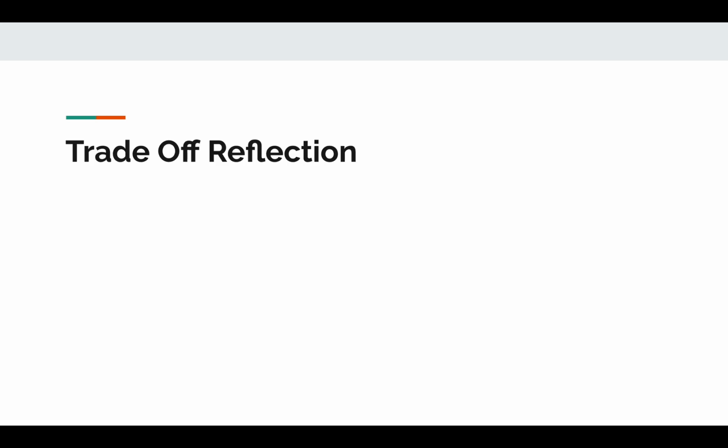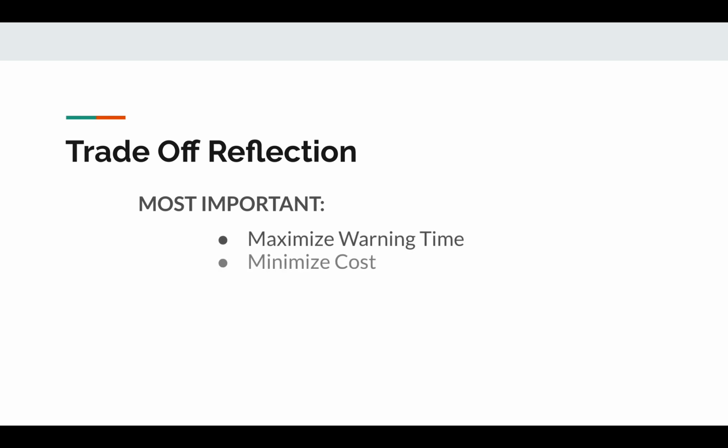During my design phase, I realized how difficult it was to place equal importance on all 3 criteria. I decided I needed to have a trade-off. In my opinion, it was most important to prioritize warning time and cost because, first of all, I needed to make sure everyone had enough time to get to higher ground. And secondly, I wanted to make sure the cost was low enough so that it wouldn't affect the money set aside for schools, bridges, or roads.